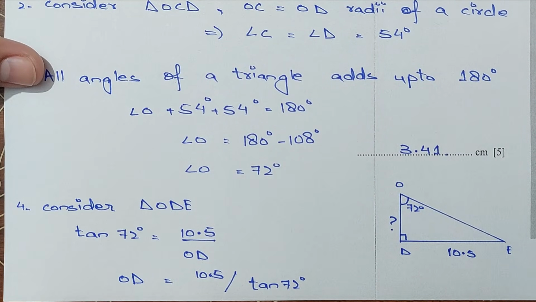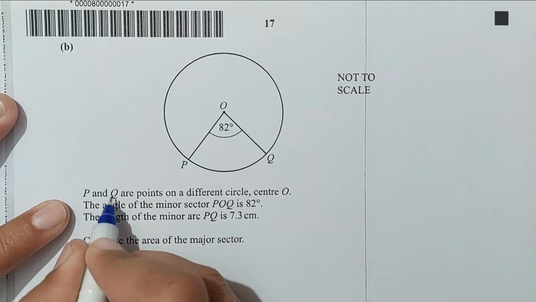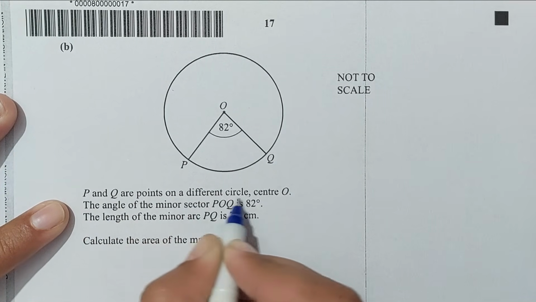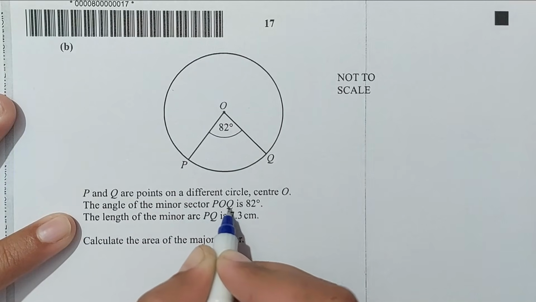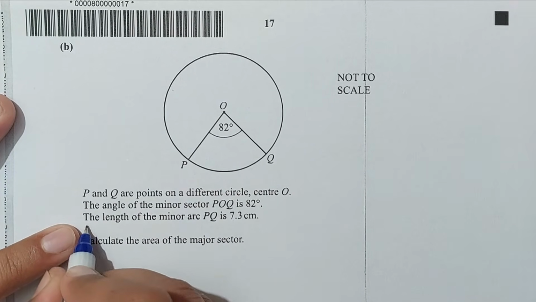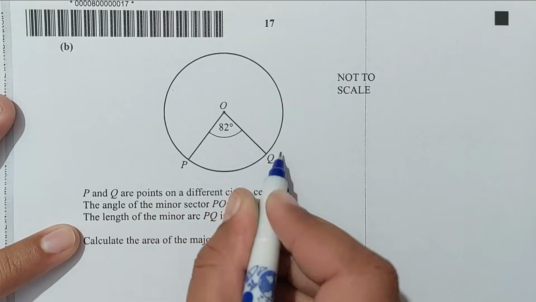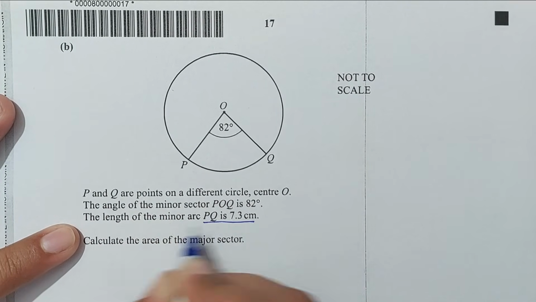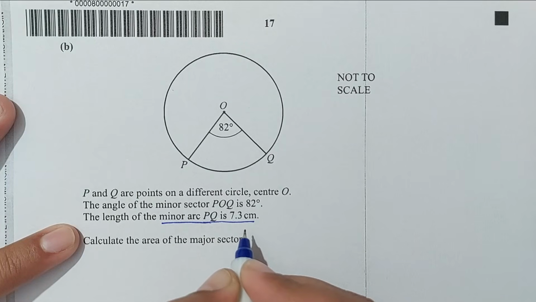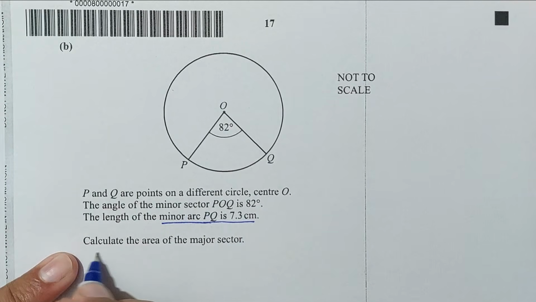That's the radius. Now part B. P and Q are points on a different circle with center O. The angle of the minor sector POQ is 82 degrees. The length of the minor arc PQ, this minor arc, is 7.23 centimeters. Calculate the area of the major sector.